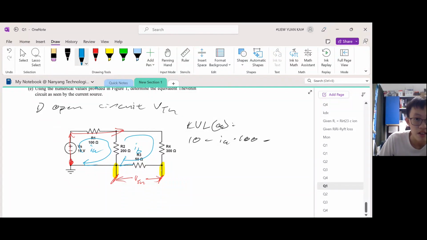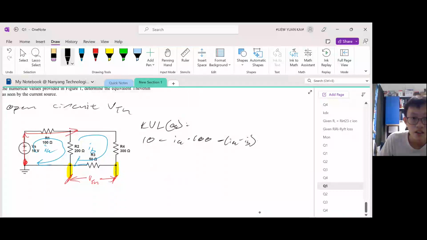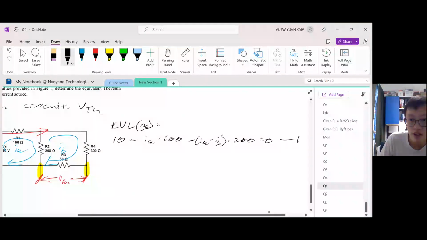Then we go to here, we drop again, so minus. The net current is IA minus IB, because IB is opposing us. And then we return back to the starting point. So just equate this to 0. This is your equation 1.